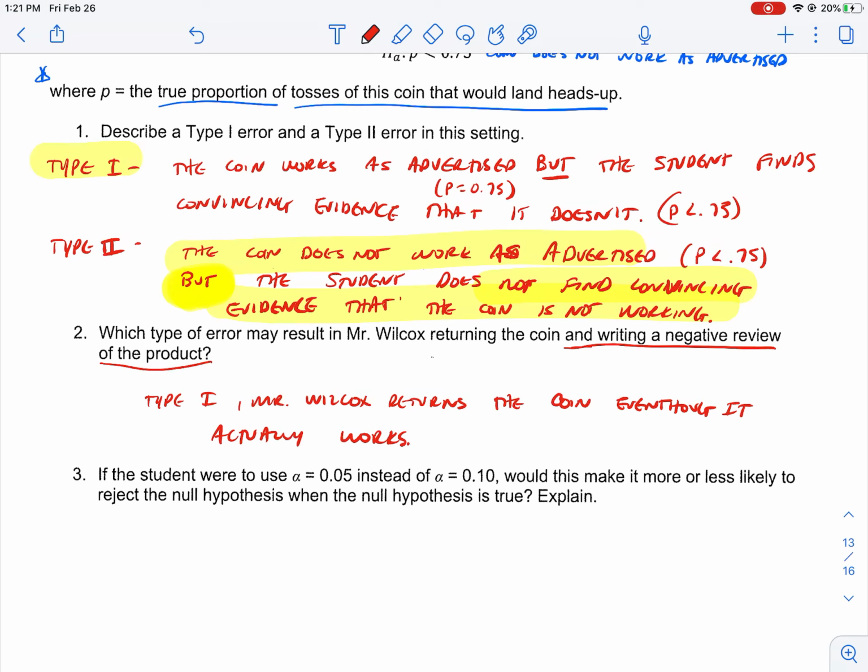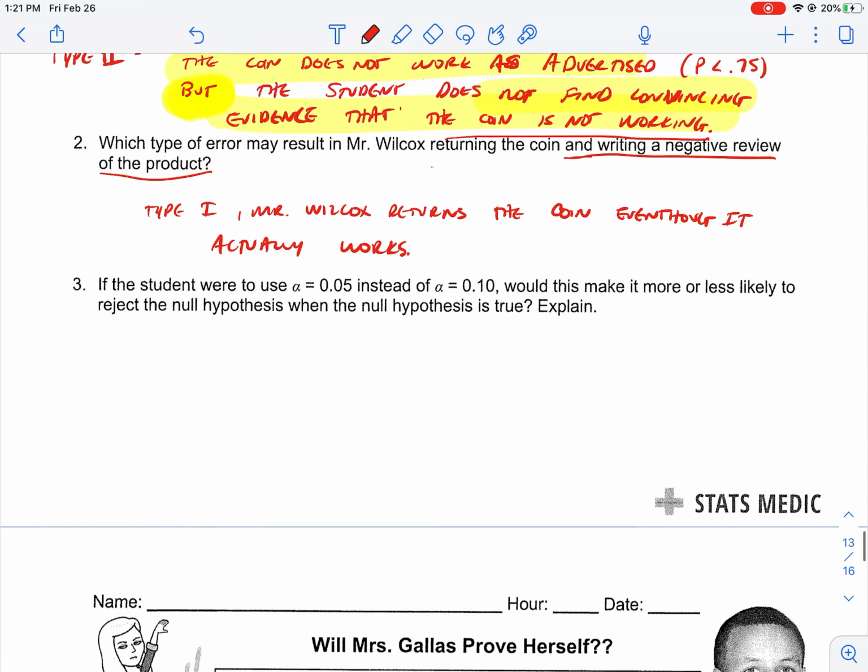So in the type 2 error, the coin doesn't work, but he doesn't think that it doesn't work, meaning we don't find evidence that it's not working. But in this type 1 error up here, we found convincing evidence that it doesn't. That doesn't mean that it doesn't work. It just means we found convincing evidence that it didn't work. That's where the error comes.